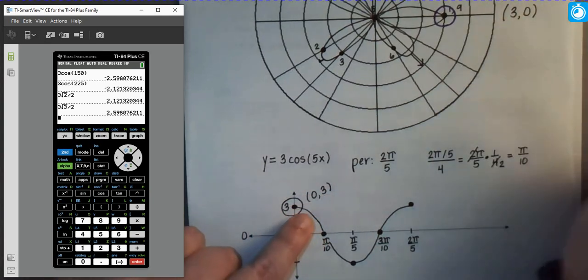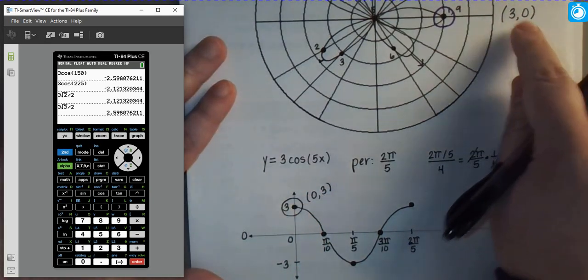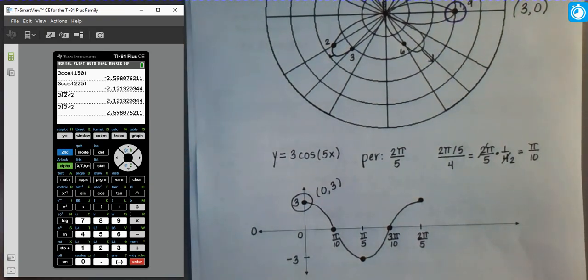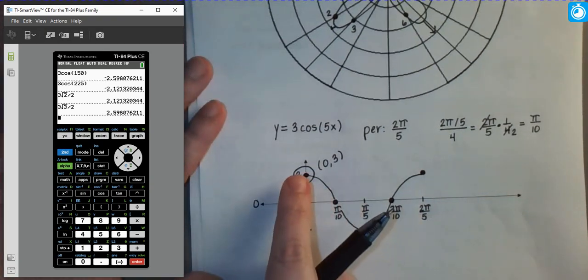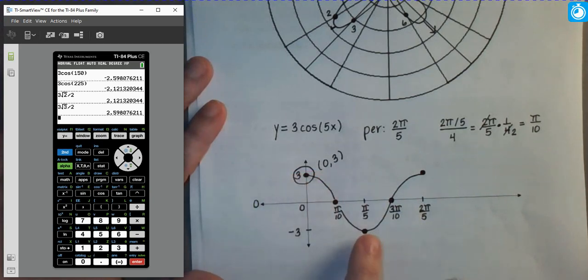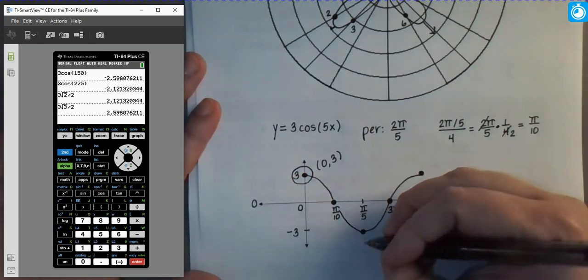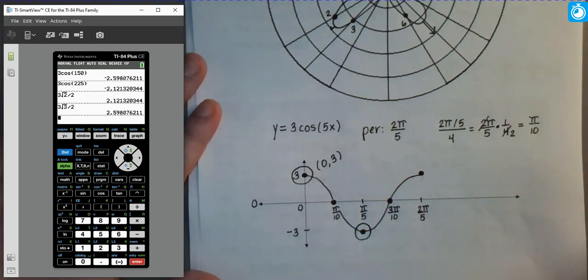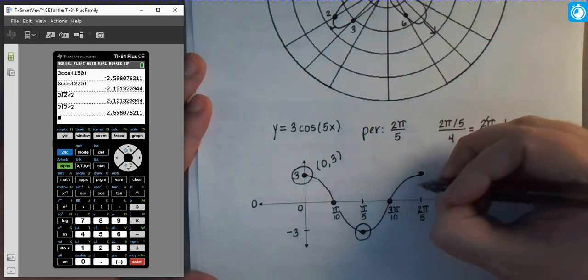Okay, so this maximum value corresponded with one of the petal tips, and that is actually going to be a consistent pattern anytime we hit a max or a min on our cosine function's graph. So this particular point also corresponds to a petal tip because it represents an extreme value for our function.